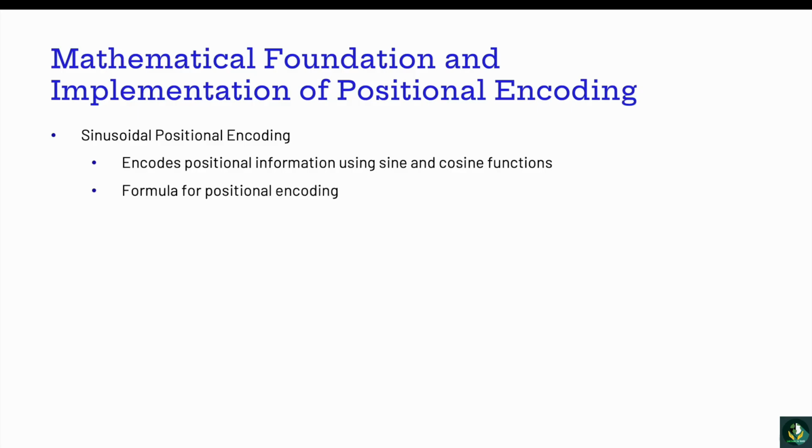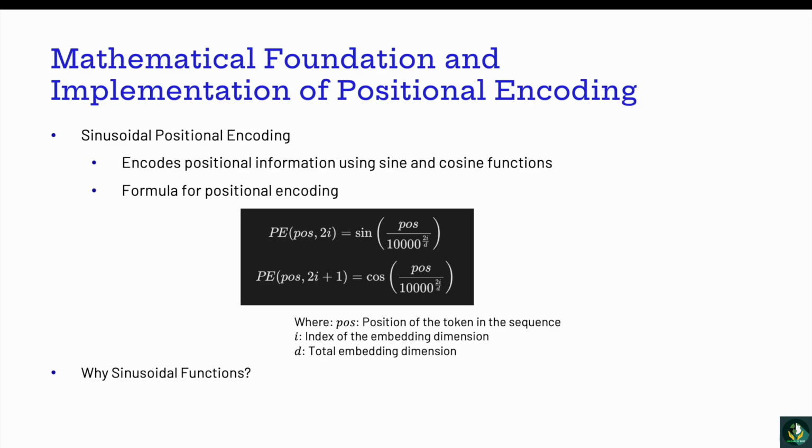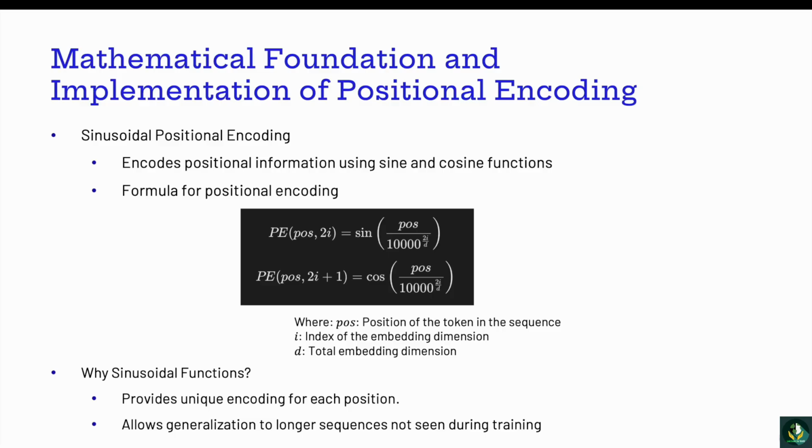The formula for positional encoding is PE(pos, 2i) equal to sine of pos divided by 10,000 raised to 2i divided by d, and PE(pos, 2i+1) equal to cosine of pos divided by 10,000 raised to 2i divided by d, where pos is the position of the token in the sequence, i is the index of the embedding dimension, and d is the total embedding dimension. Now, why use sinusoidal functions? It provides unique encoding for each position and allows generalization to longer sequences not seen during training.